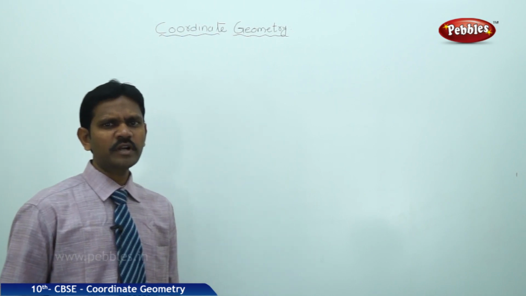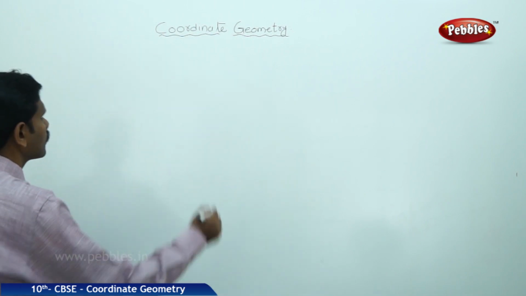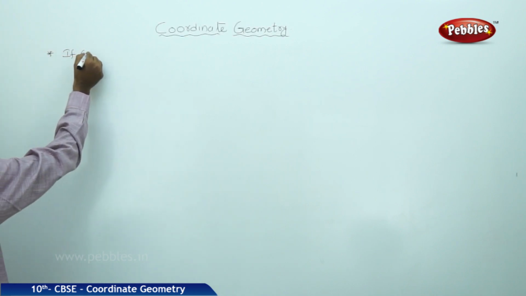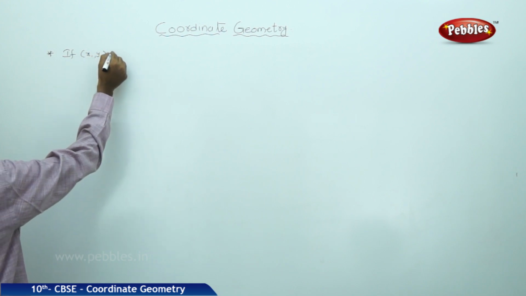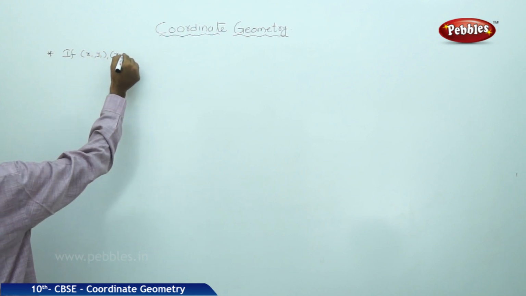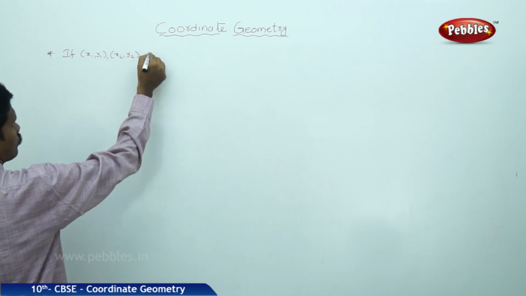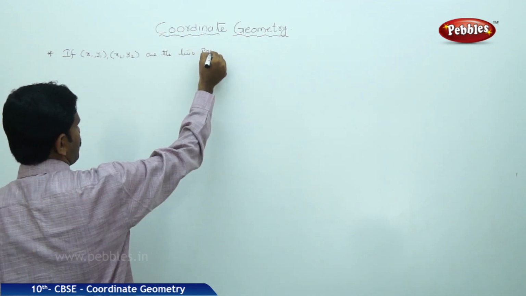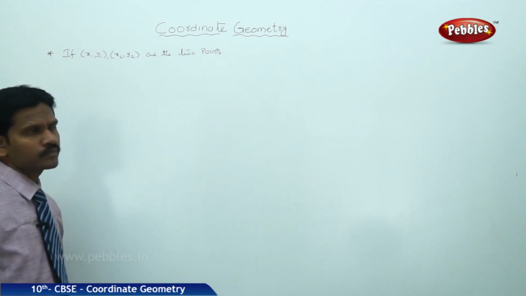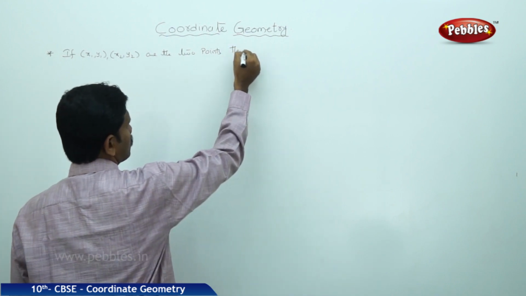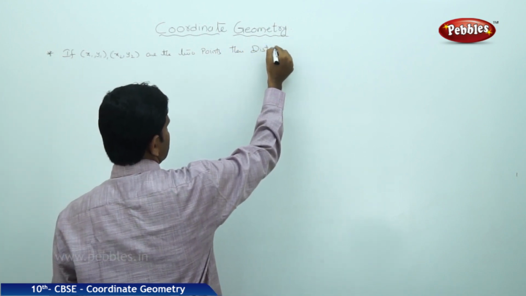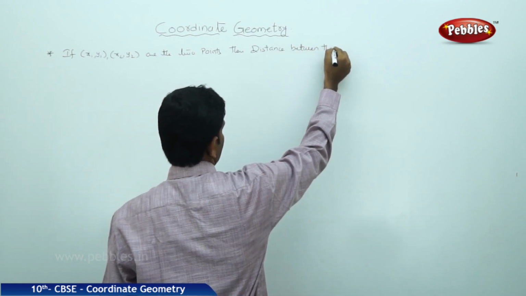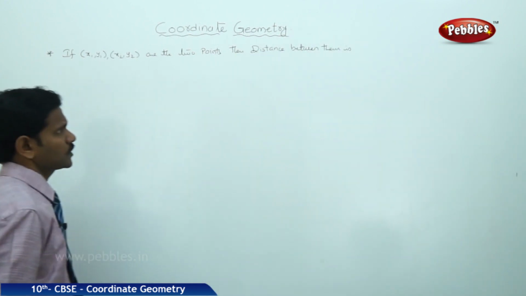Let us see some important concepts of coordinate geometry. If x1 comma y1 and x2 comma y2 are two points, then the distance between them is as follows.